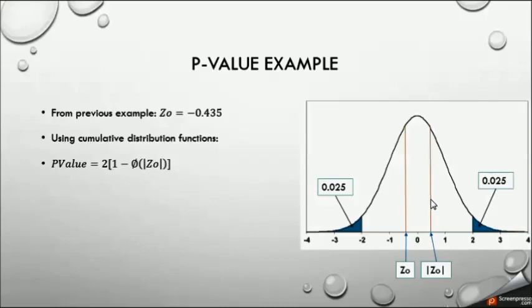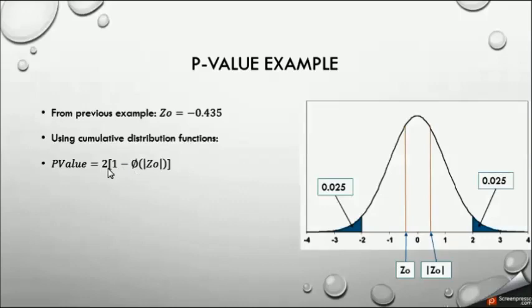The cumulative distribution function gives us the area under the curve from minus infinity to the point. So phi of the absolute value of Z0 gives us the area from minus infinity until this line. If we take 1 minus this area, this will be the area to the right of the brown line. The area to the right of the brown line is 1 minus phi of the absolute value of Z0.